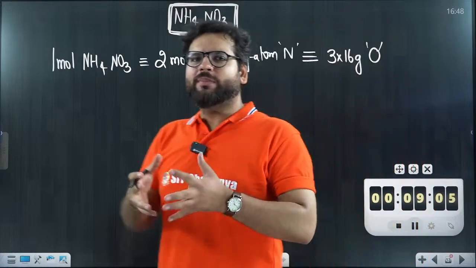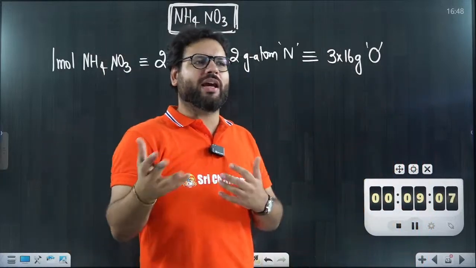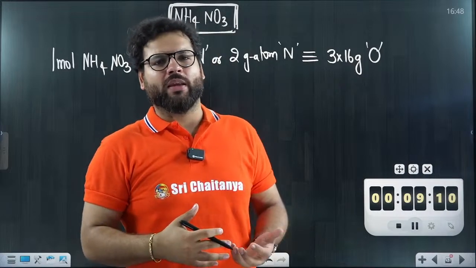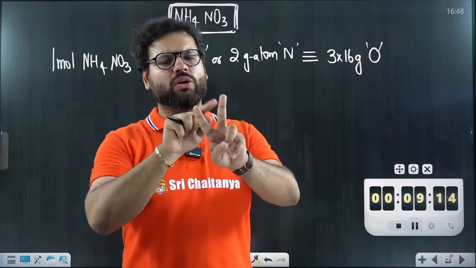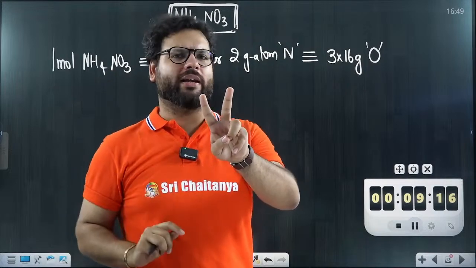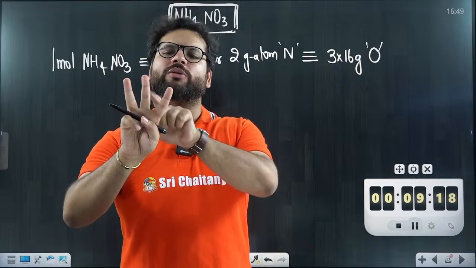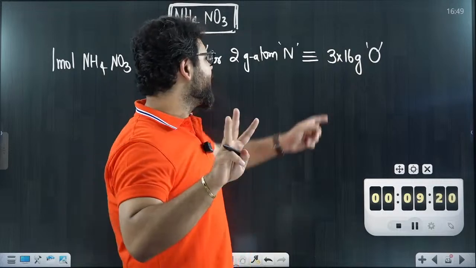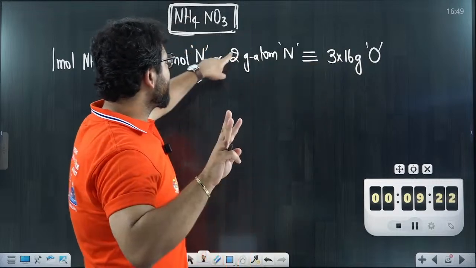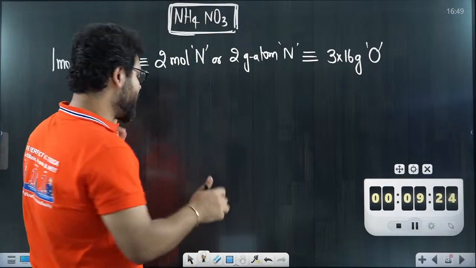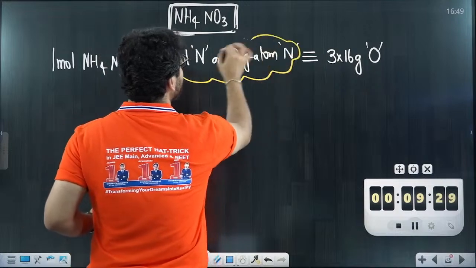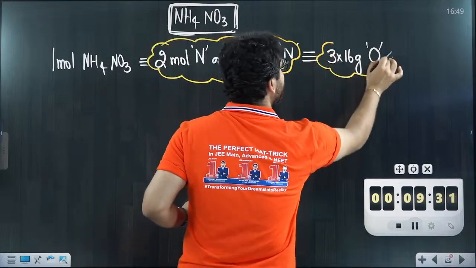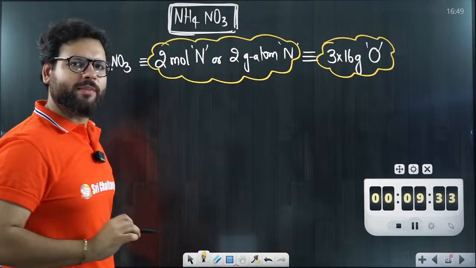I am just opening up this molecule and checking how much N is there, how much O is there. Nitrogens are 2, oxygens are 3. 2 nitrogen moles means 28 gram. 3 oxygen moles means 48 gram. So I have 48 grams of oxygen and 2 moles of nitrogen. Now they are asking you to compare these two things. Unitary method, simple unitary method.